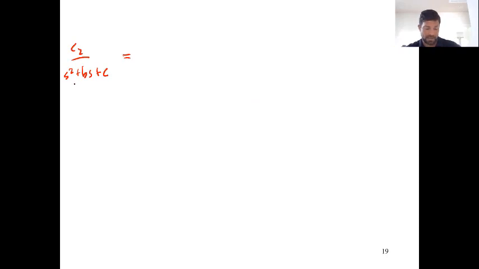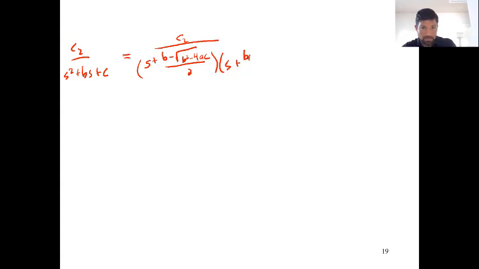I can express this as C2 over S plus (B minus square root of B squared minus 4AC) over 2, and then S plus (B plus square root of B squared minus 4AC) over 2.